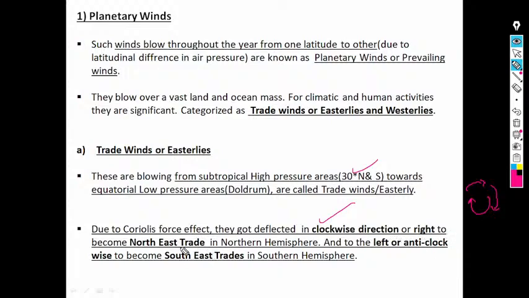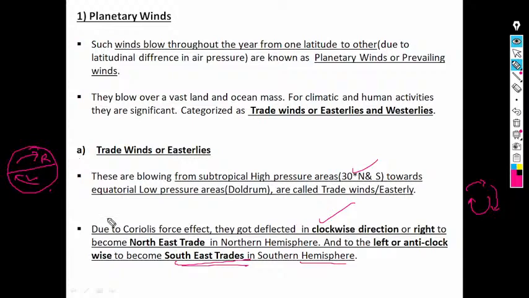Direction, or right, becomes the northeast trade winds in the northern hemisphere. Left, or anti-clockwise direction, becomes the southeast trade winds in the southern hemisphere.